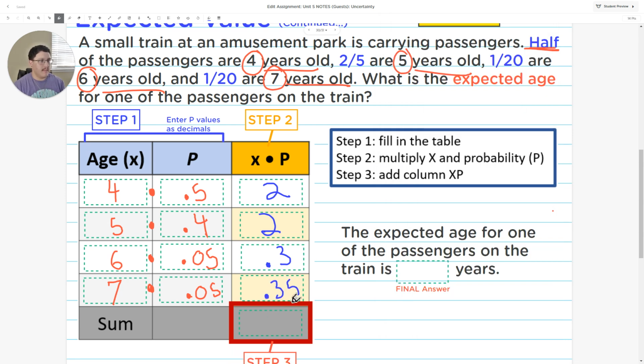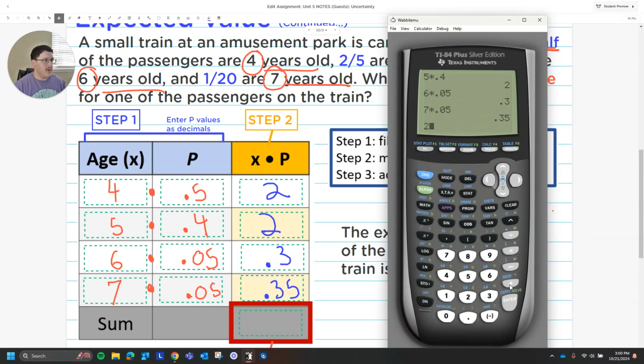Add all these up: 2 plus 2 plus 0.3 plus 0.35. 4.65.